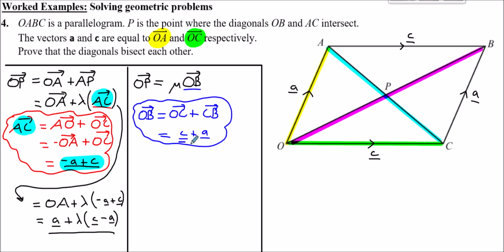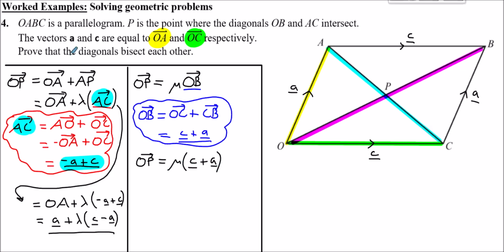OB is C plus A. So in other words, OP is therefore some multiple, mu, looks like a weird M, it's called mu, it's a Greek symbol, some multiple of OB, some multiple of C plus A.